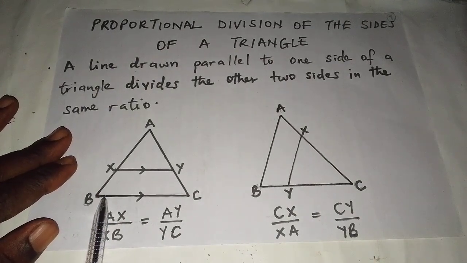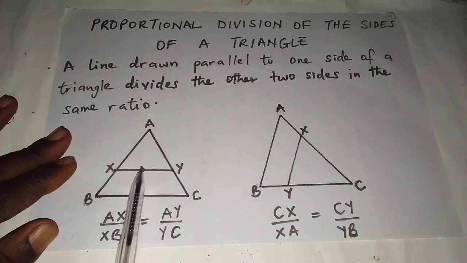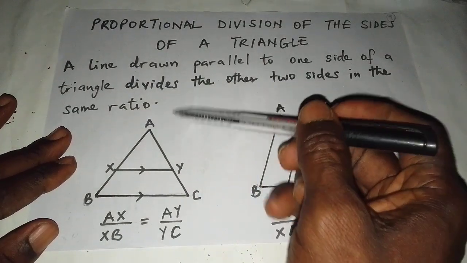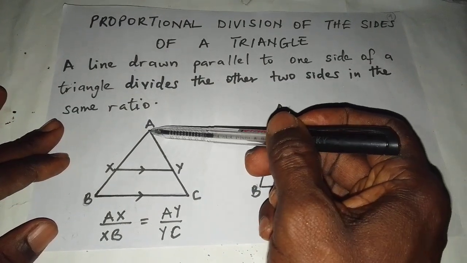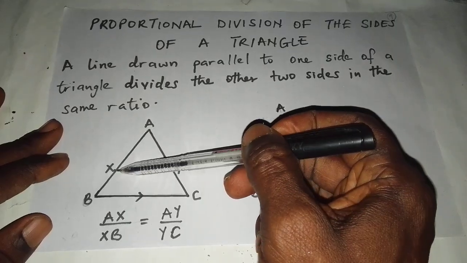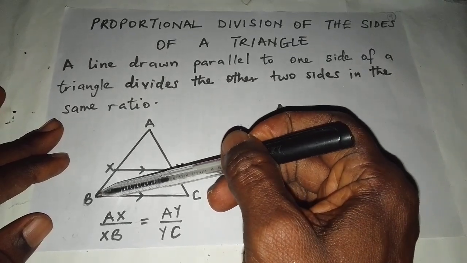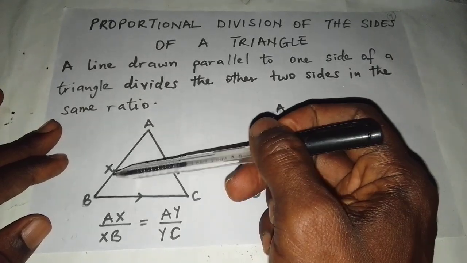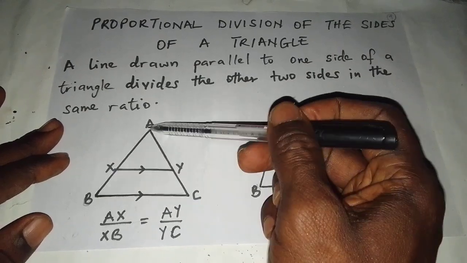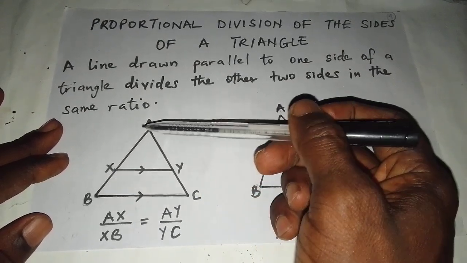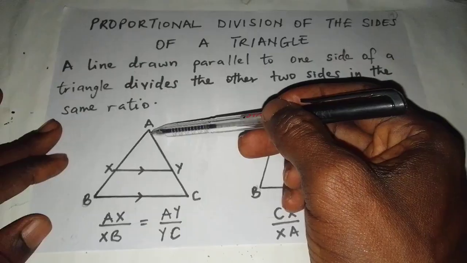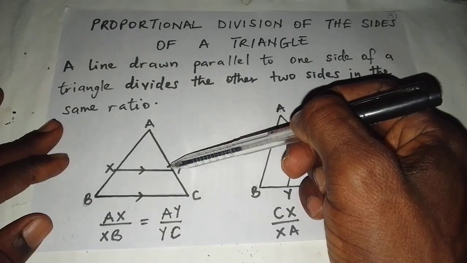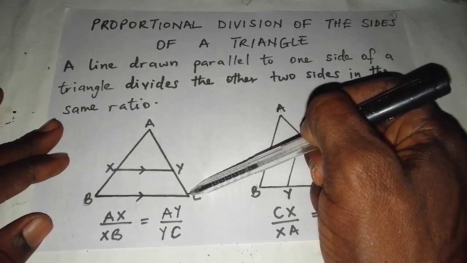So if you have a parallel line for this one and this, the ratio at which this line will divide this side, AX over XB, will be the same ratio to divide this other side, AY over YC.